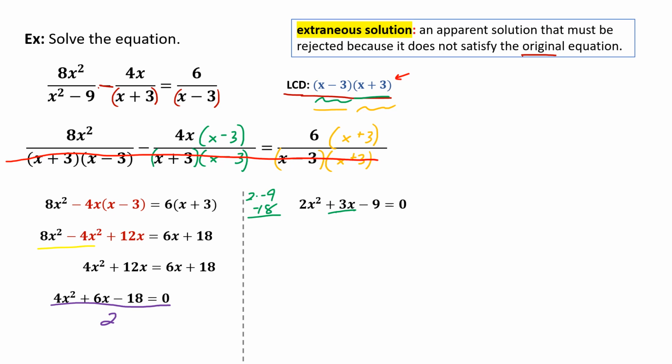Those two numbers would be 6 and 3 in some way, but because it has to be a negative 18, that would make the 3 negative. So then I'm going to bust that 3x into a positive 6x and a negative 3x.